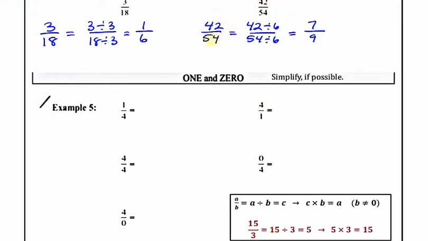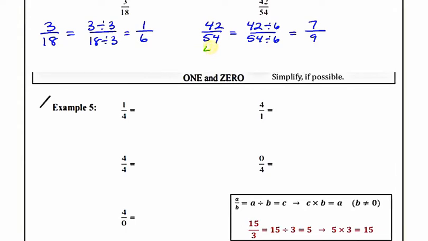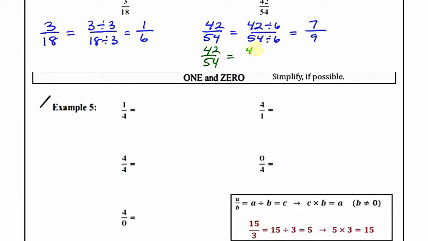But I do want to take a look at this again. Sometimes we may not recognize the greatest common factor, and it may take more than one step to simplify a fraction. So for example, if we start again with 42/54, and let's say we first recognize there's a common factor of 2, so we'd have 42 divided by 2 over 54 divided by 2.